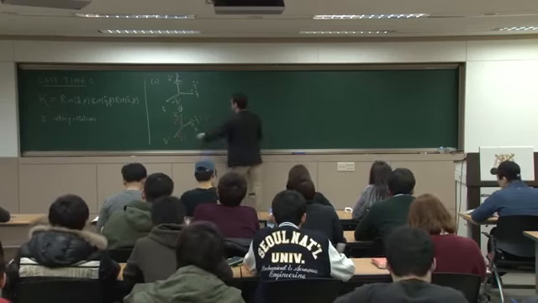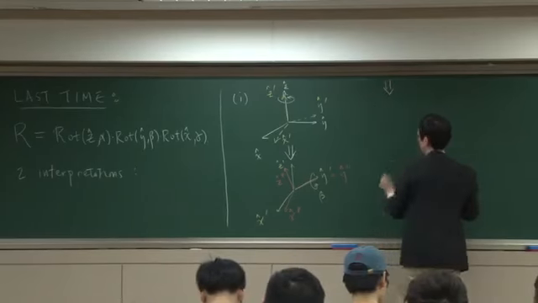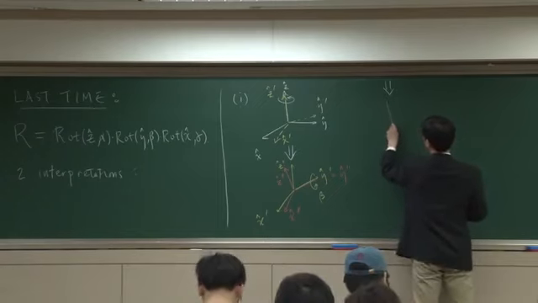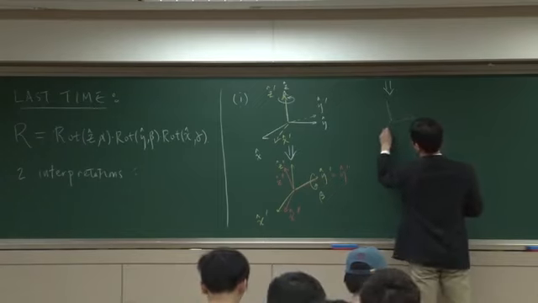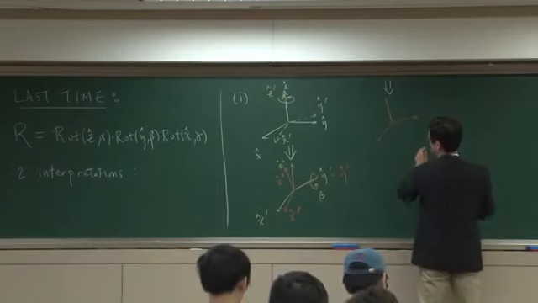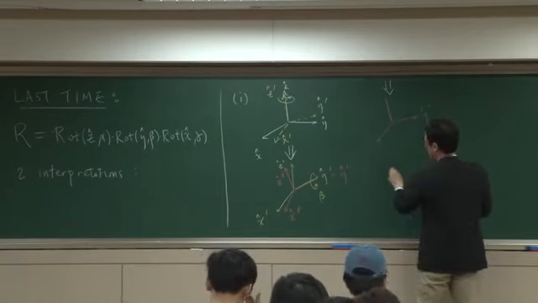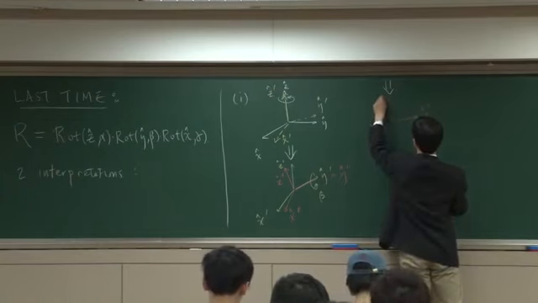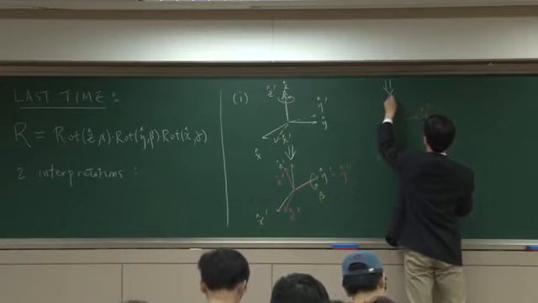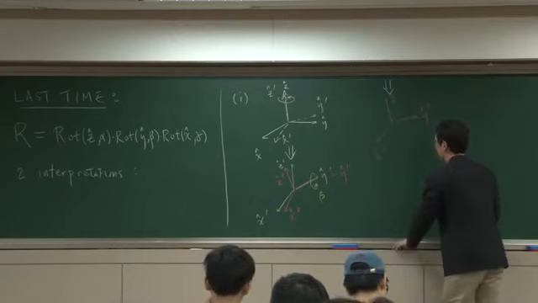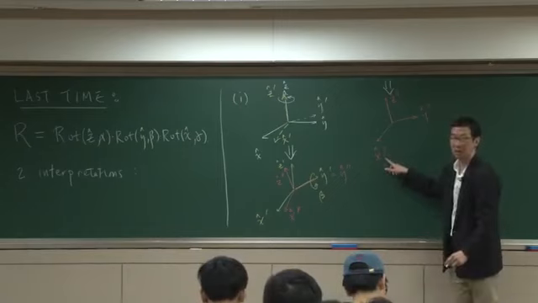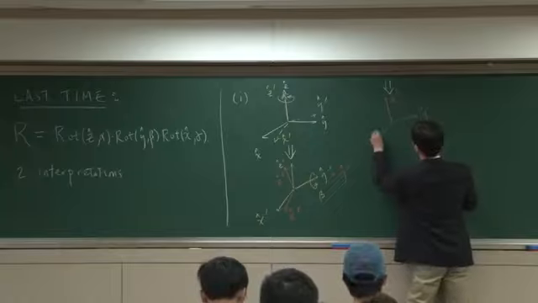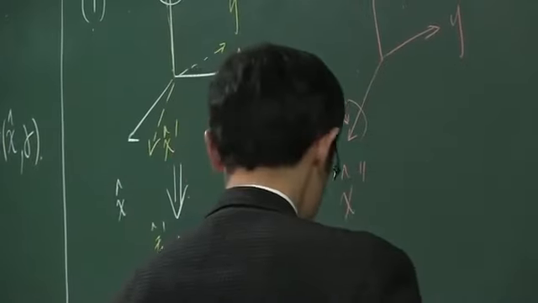Now in the third case, we rotate. So let's draw this. We have y double prime here, x double prime here, z double prime here. Now we rotate around the x double prime axis by angle gamma. Here's angle gamma.